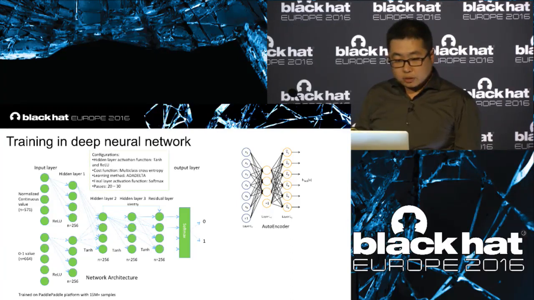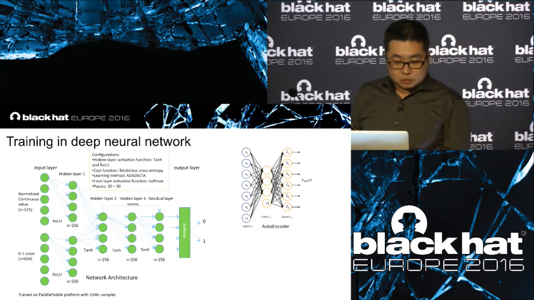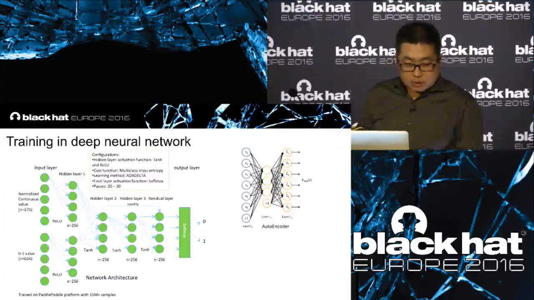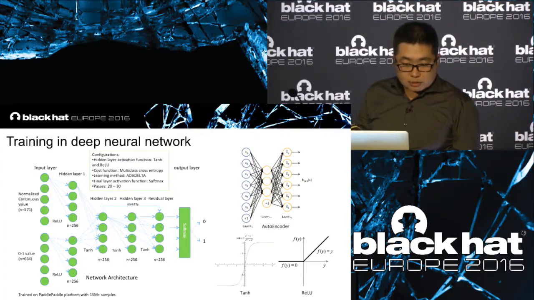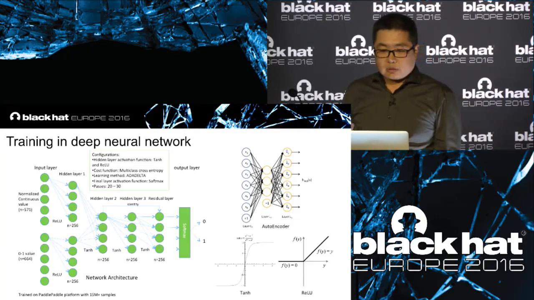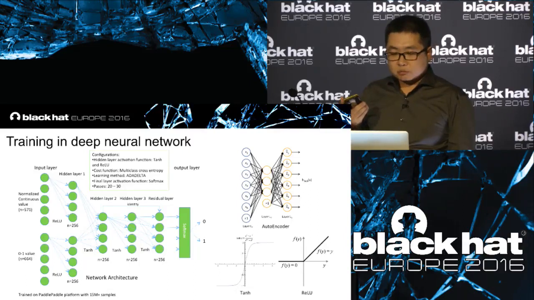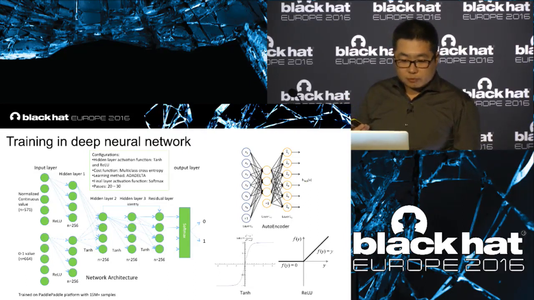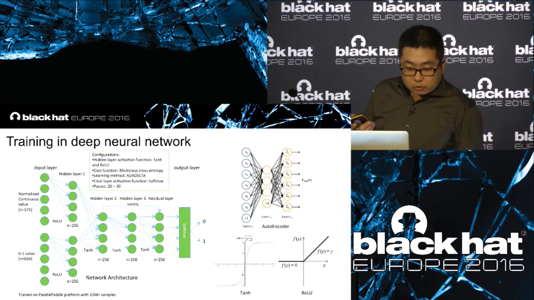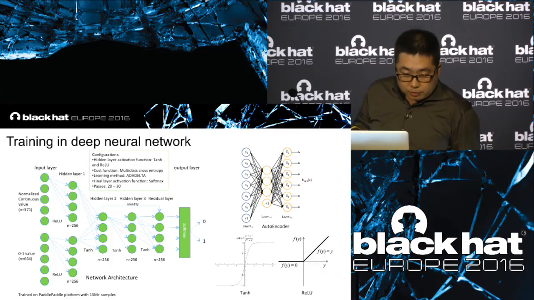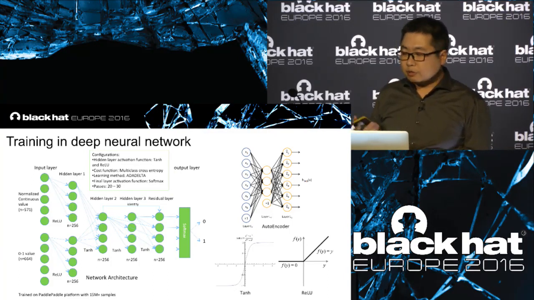Now let's look at some configurations of this neural network. We use tanh and ReLU as hidden layer activation functions. You can use sigmoid, but these two functions are faster than sigmoid. We use multi-class cross entropy as the cost function, and we use AdaGrad as the learning method, and we use softmax as the final layer activation function.